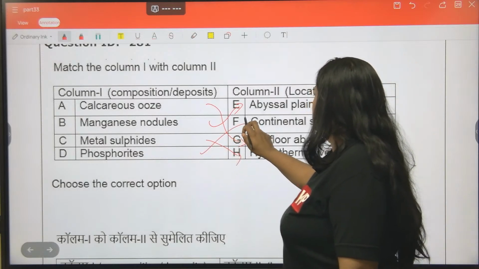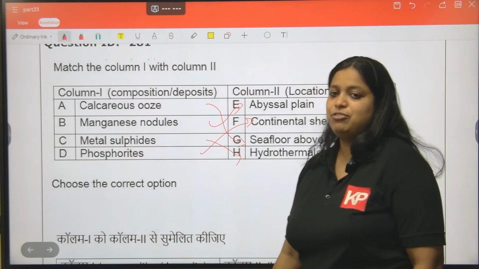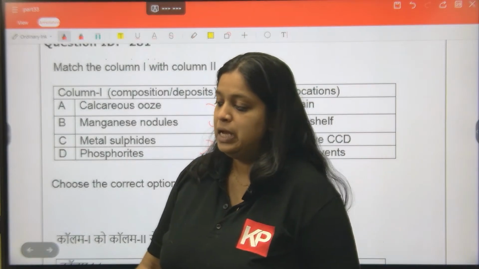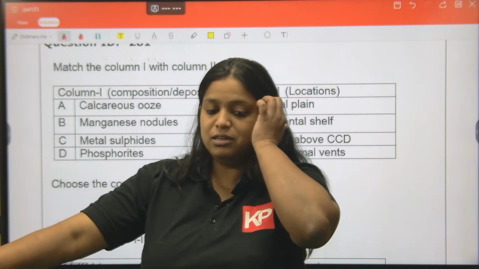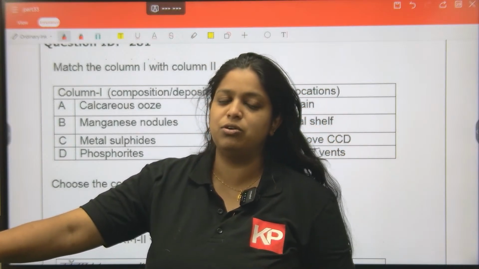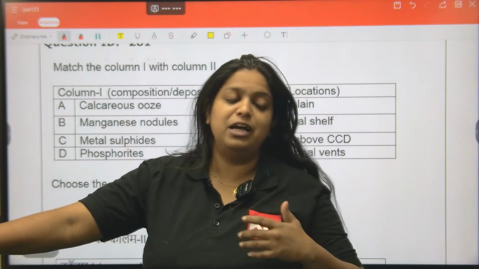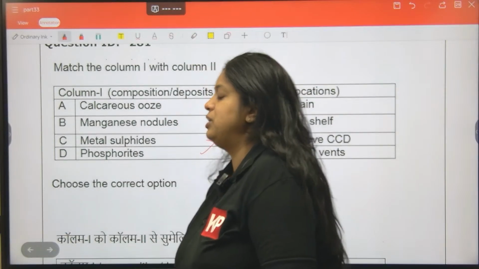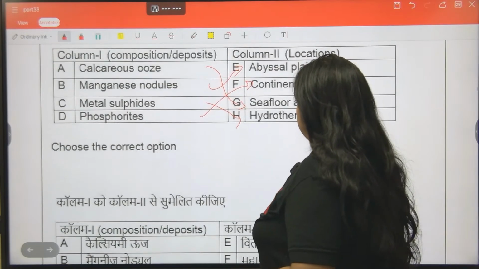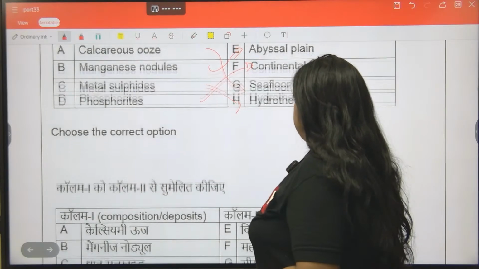Phosphorites are associated with continental shelf deposits. Phosphorites are mainly associated with pellets, the excretions of birds or animals. This is important. So A, G, B, E.